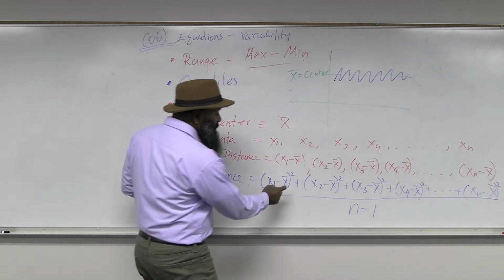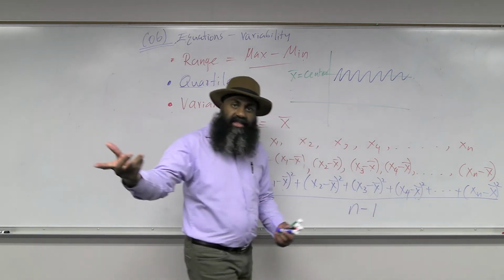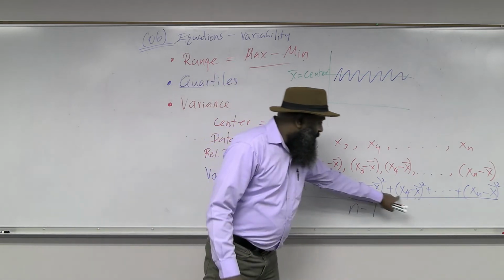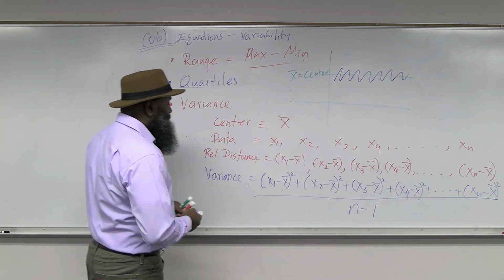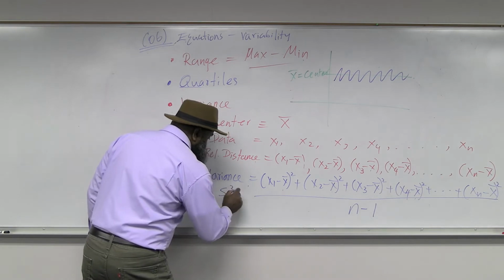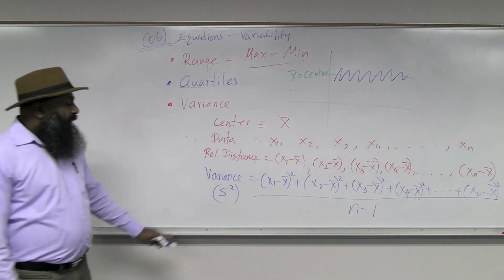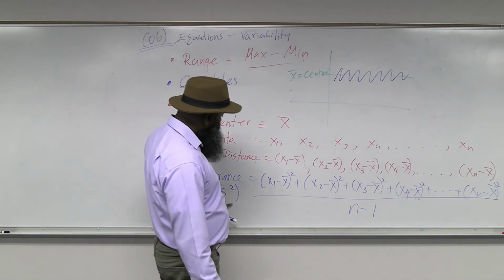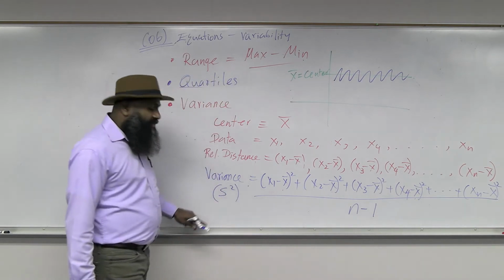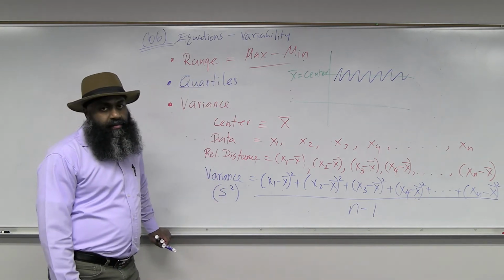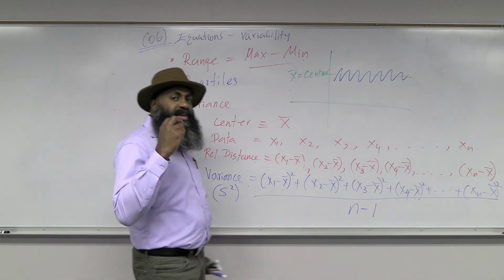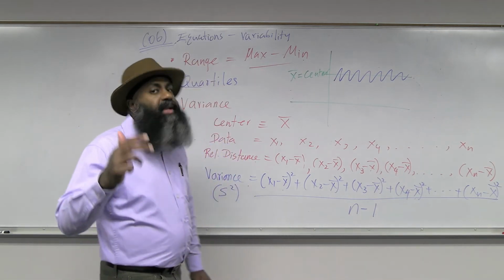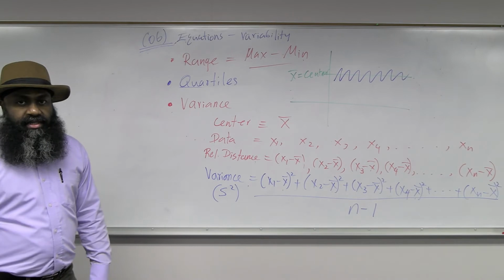Remember, because of these squares and because they are sums, we take the summation. This is called s squared. Now there's another little weakness of variance when you define it this way. The data are all first order: x1, x2, x3, those are the data points.